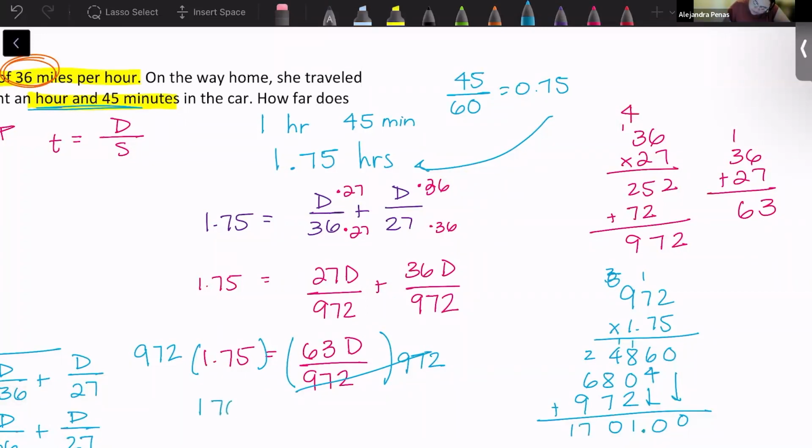So we're going to have 1,701 is equal to 63D.